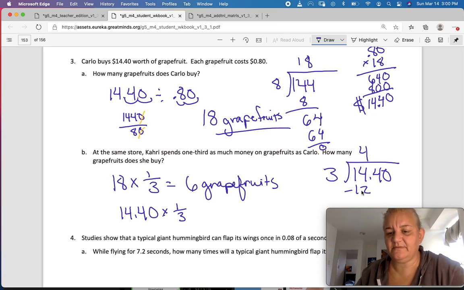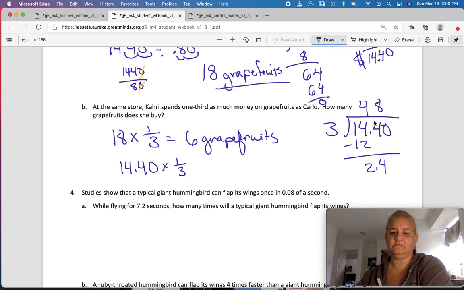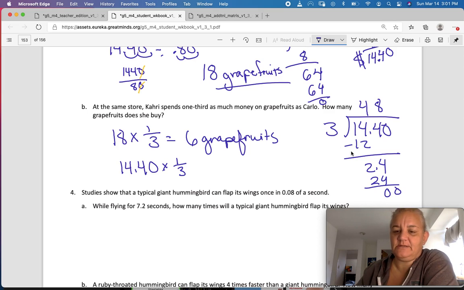There's 12. $2.40 would be 8. Wait a minute, what am I doing? That doesn't seem right. I'm just checking how much money she spent. Okay, yeah, that's right. 24, and then 0, 0, 0.